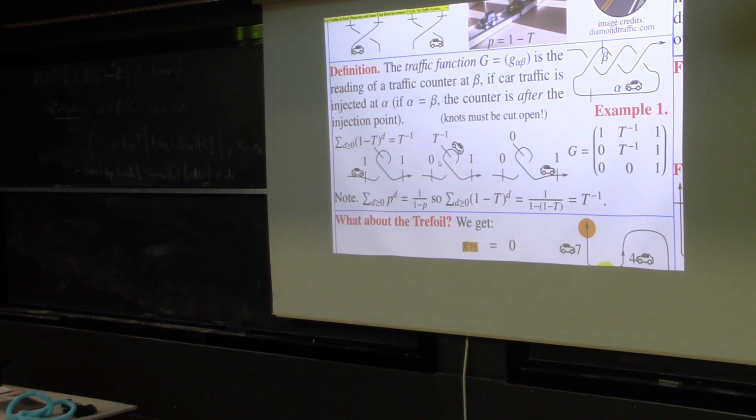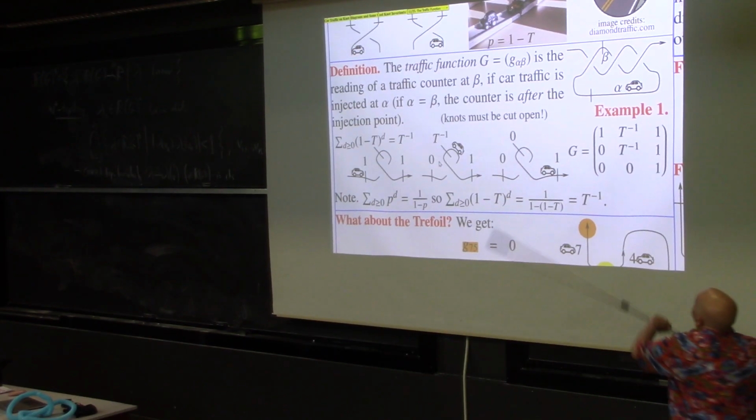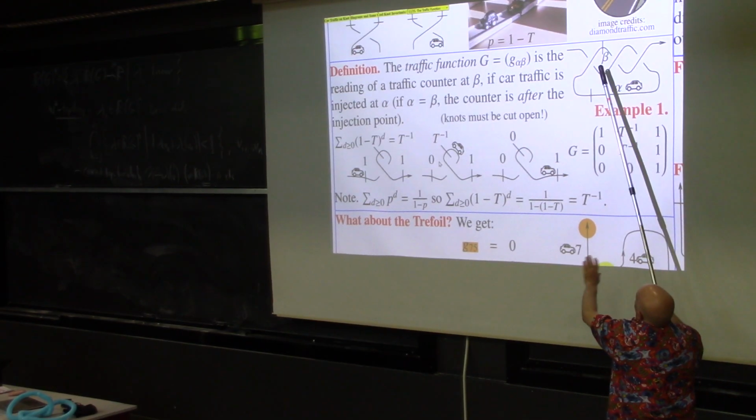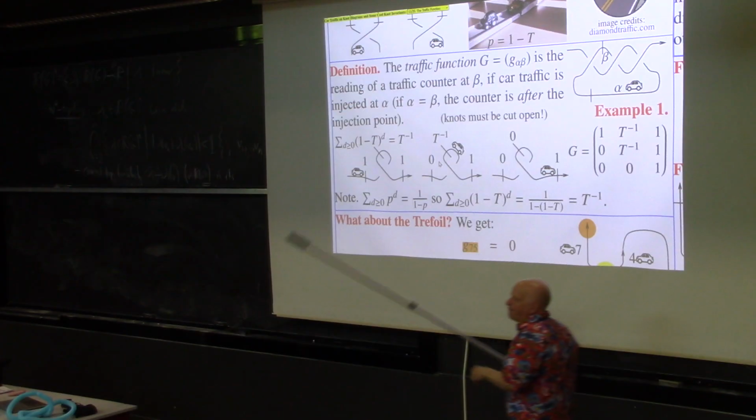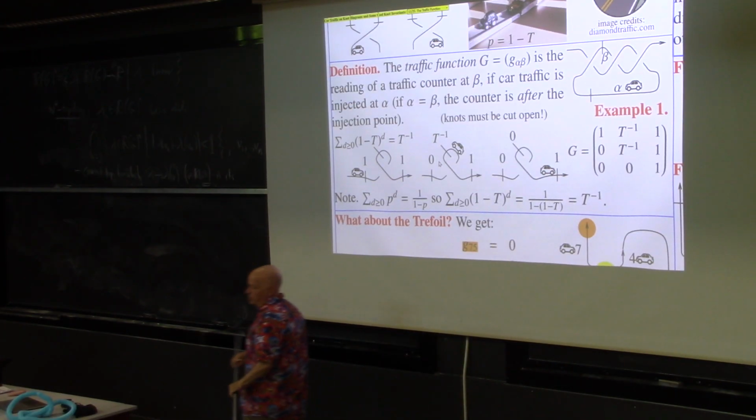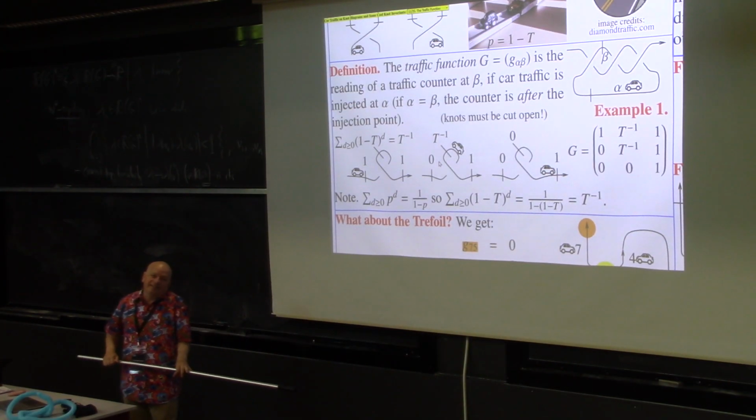So to prevent this, we cut our knots open somewhere, and basically put a cliff at the end. So the cars, when they reach here, fall off and disappear forever. Okay, so we do this basically. The knots, or the knot diagrams, get opened. So let's do an example.